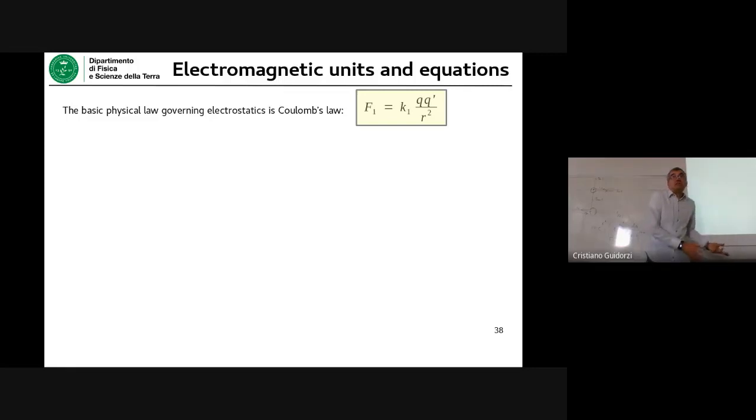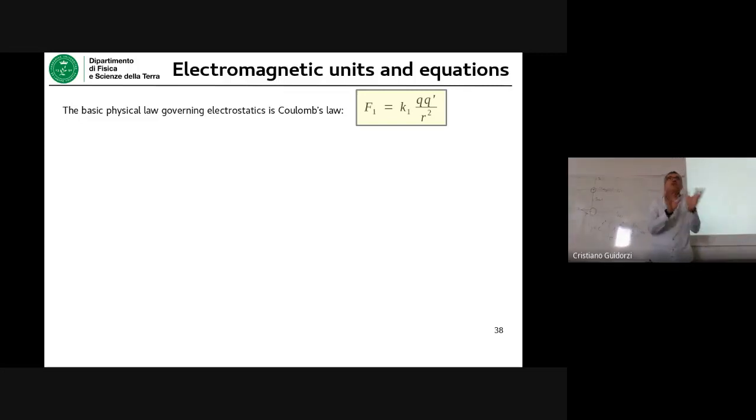If you consider another system, for example, you might think of defining the charge unit starting from this equation. So you say, okay, I consider a unit charge when put at a 1 centimeter distance, I have 1 dyne, for example. That defines K1.